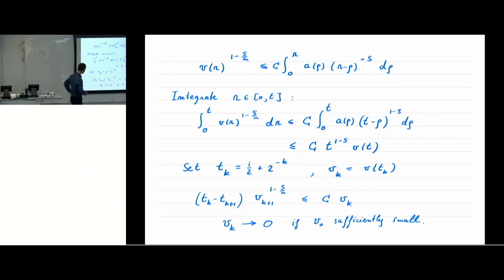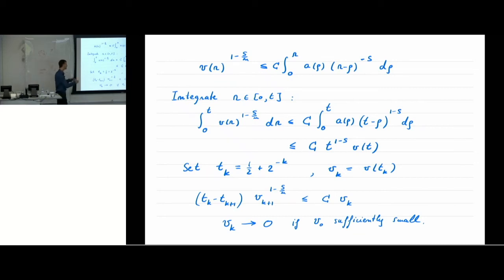So I'll leave this as an exercise: once you get such a nonlinear relation, essentially I'm saying that if you give me something like 2 to the minus k times v_{k+1} to the power 1 minus delta less than or equal to some constant times v_k, this would allow you to prove that if the original v_0 is sufficiently tiny, then the v's have to decay faster and faster and tend to 0.